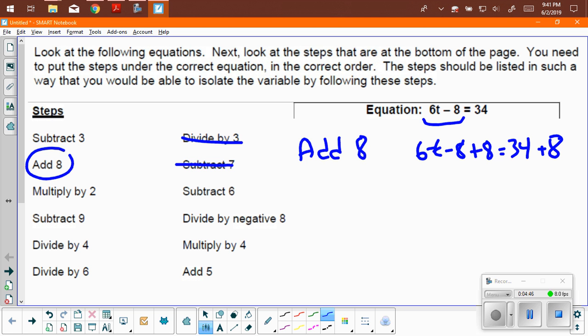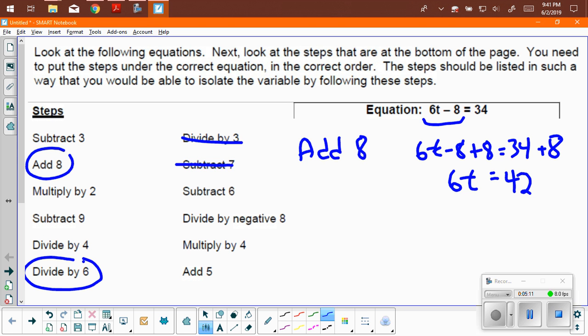On this side they're gone. Negative 8 plus 8 is 0, and 34 plus 8 is 42. And then what do I need to do now? It was 6 times t, so I'm going to do the opposite of that, which is divide by 6.